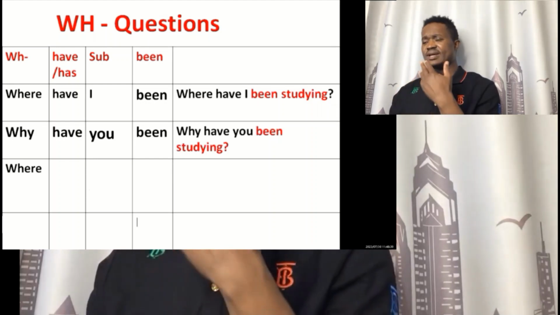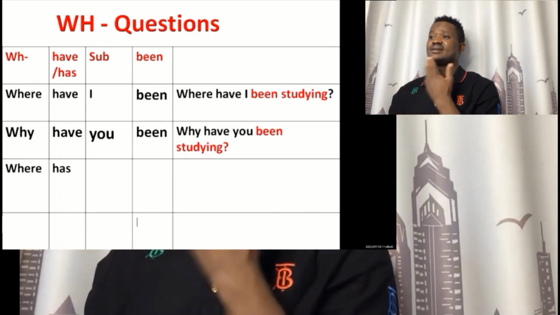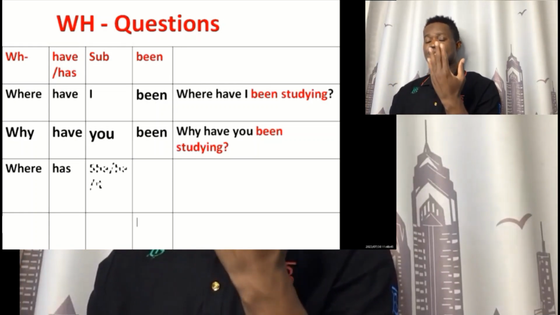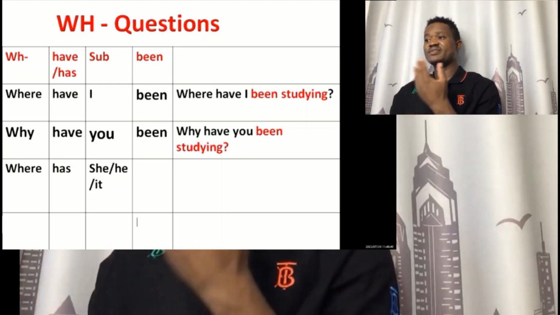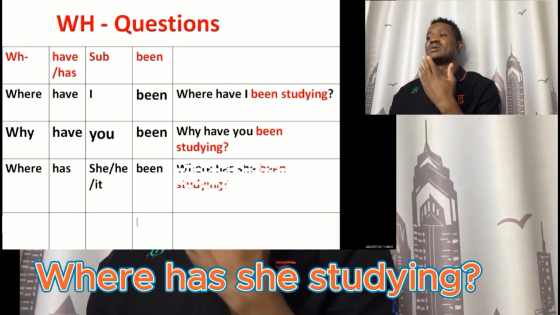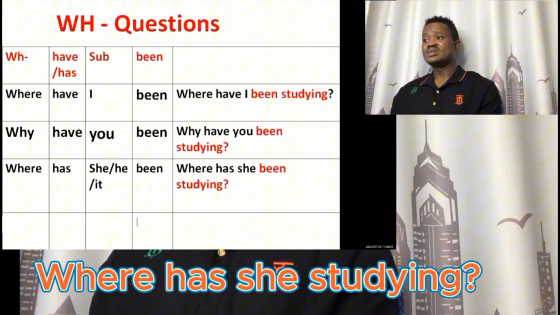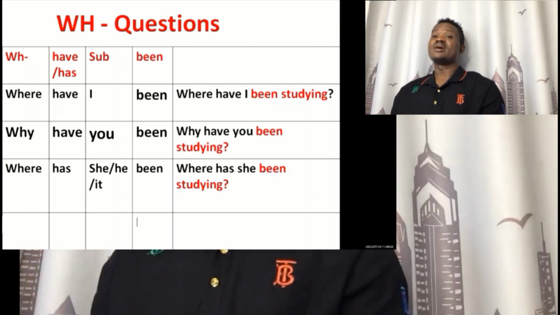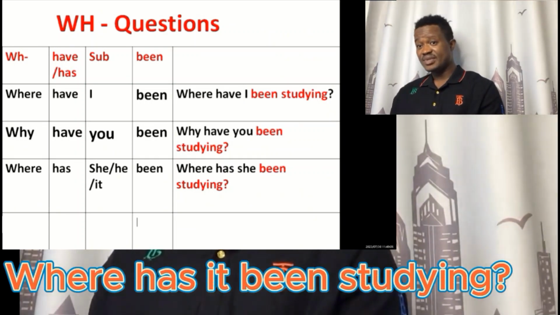Okay guys, let's use where. Has. So the subject is what? She, he, it. Then the be verb. So this has to be: where has she been studying? Where has he been studying?